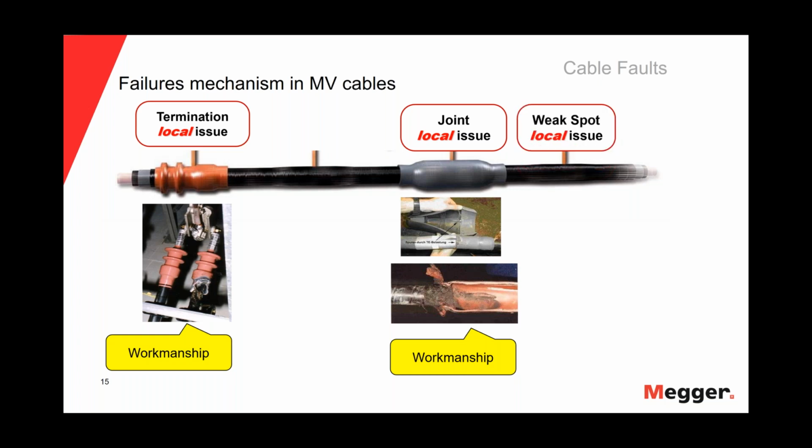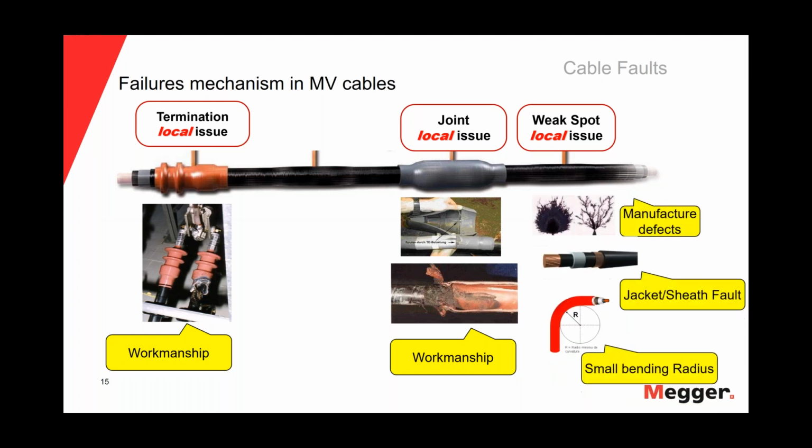We can also have weak spots in the cable itself. You could have a manufacturer's defect right from the manufacturer. That's not very common in today's high quality cable, but it could happen. We could damage the jacket or sheath when we install that cable.